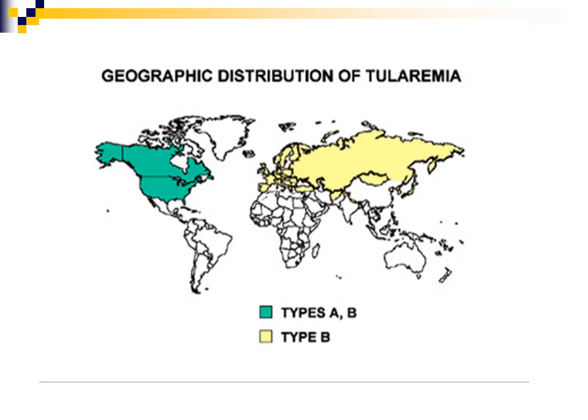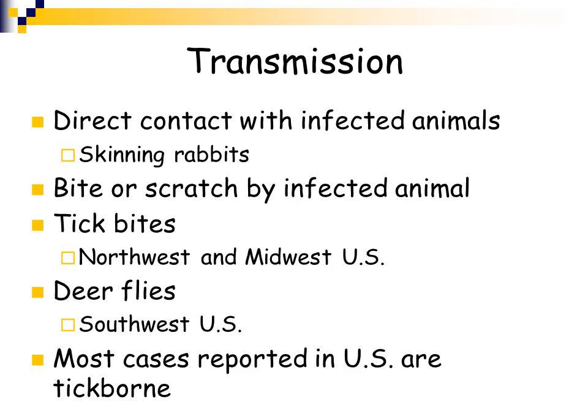So here's the geographic distribution. In the United States, we have more commonly type A and type B. Now again, we said direct contact with infected animals is the most common route of transmission. Hunters, people that might be skinning infected rabbits would be at high risk.